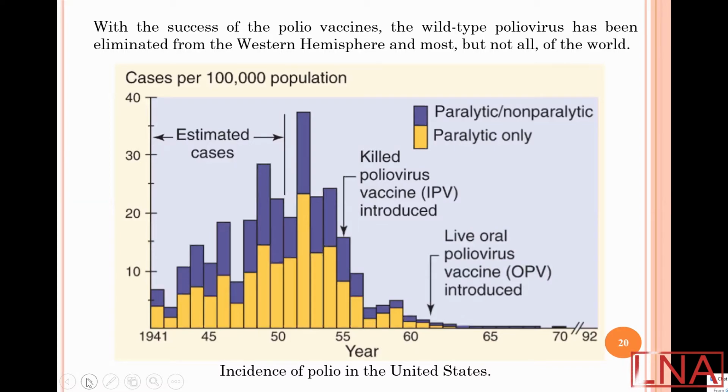On the graph, you can see the total number of cases up to 48 cases per 100,000 of population. It's a lot. It means total number. The total number is divided into paralytic or non-paralytic polio cases, and only paralytic cases. Non-paralytic cases means cases without the full paralytic clinical picture, but with understandable poliovirus. You can observe only cases with symptoms.